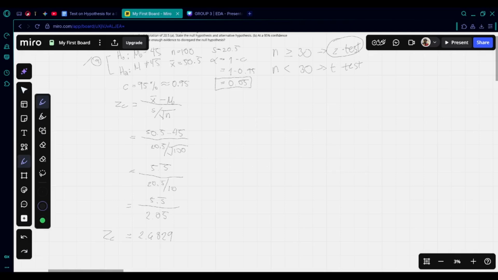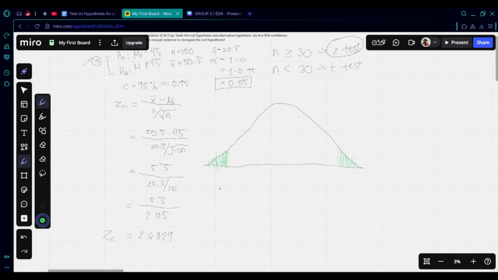Sorry, let me fix it for you. My apologies for my ugly drawing. So we have here our null and alternative. Let me change the color. So we have here a two-tailed test. So in this problem, we will be using a two-tailed test.